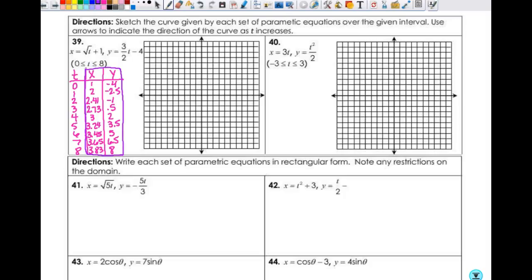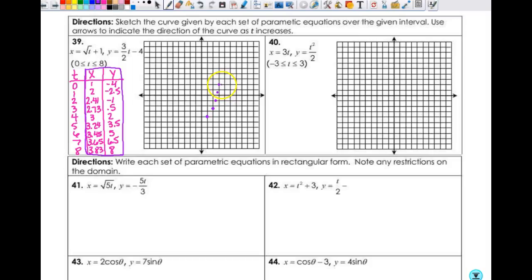So when x is 1, y is negative 4. When x is 2, y is negative 2.5. When x is 2.41, y is negative 1. Then 2.73, oops, went the wrong way. When it's 2.73, it's 0.5. 3 is at 2.